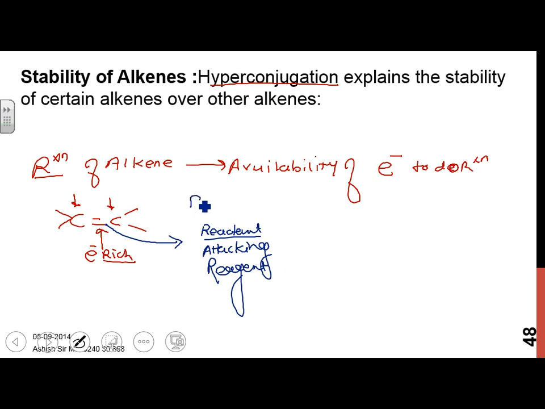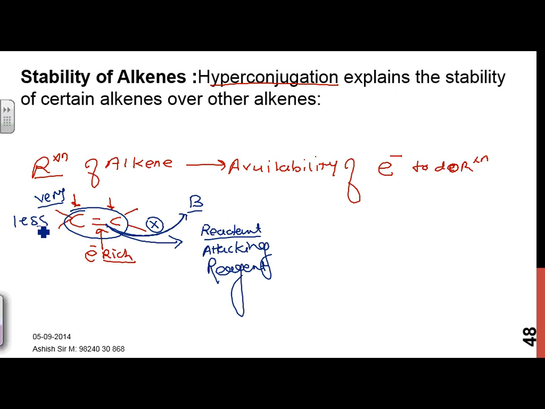Suppose there is one attacking reagent, let's say B. So alkene, how easily it will give this electron to the B, on the basis of that its reactivity is determined. If it gives very easily, then this particular alkene is very reactive. Why reactive? Because it can give the electron very easily to the reagent. And if it gives comparatively with lots of energy or lots of effort, then it is known as less reactive alkene.